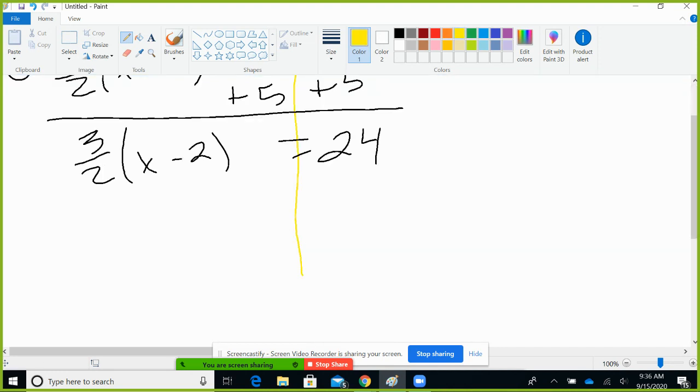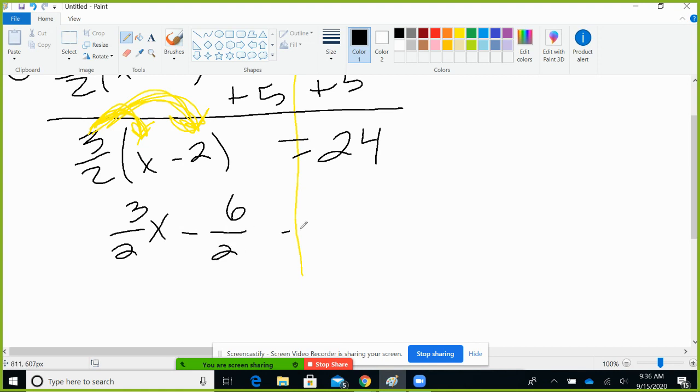All right, now you were talking about distributing the 3/2 through this problem. So 3/2 times x is 3/2 x. And then we have 3/2 times 2 is 6/2, equals 24. Now, what is 6/2? What does that equal?